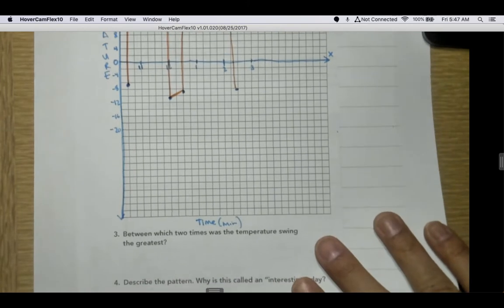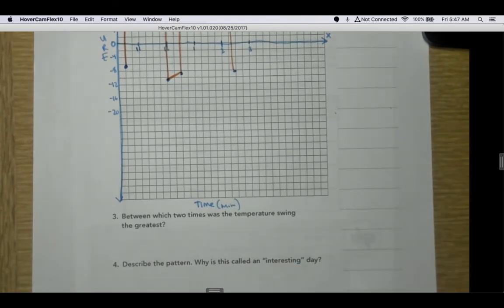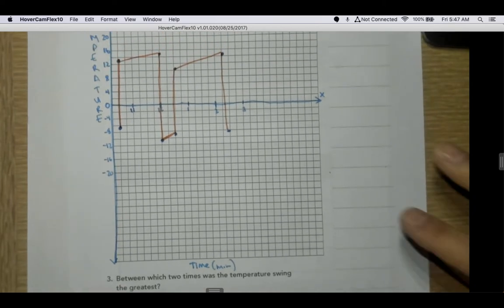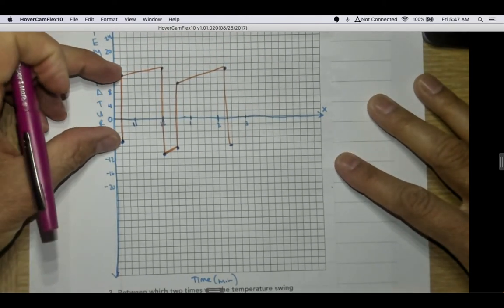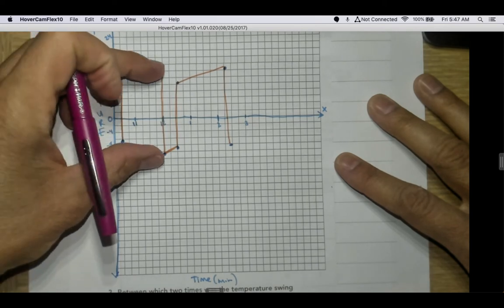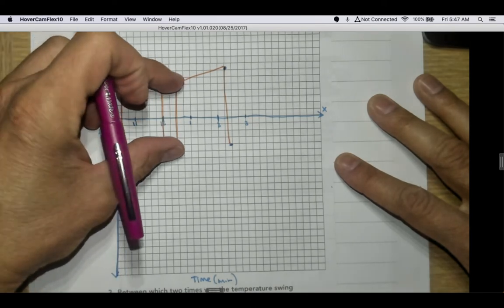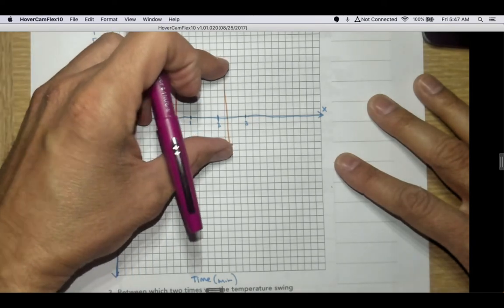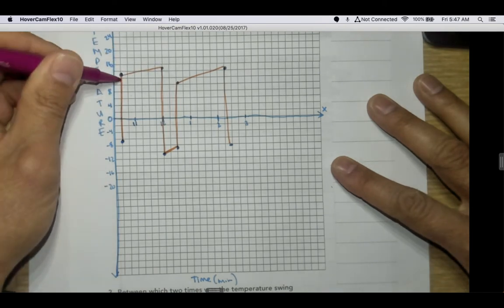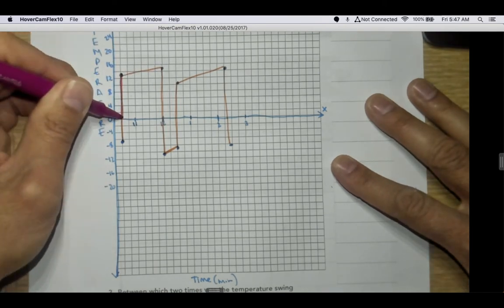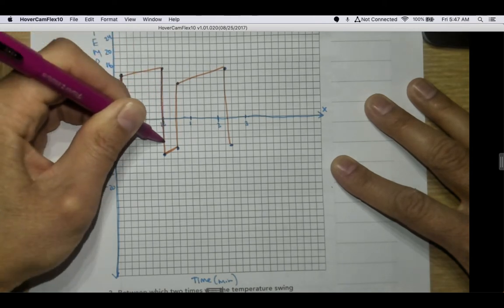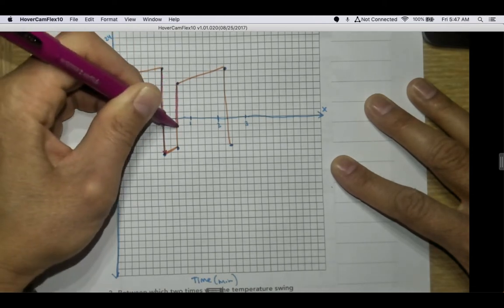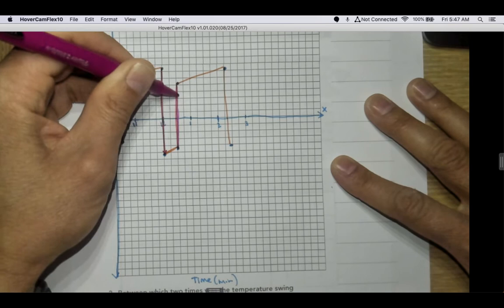Okay. Between which two times was the temperature swing the greatest? Well, if I'm taking a look at this, this is when it swung from really cold to hot, from hot to cold, from cold to hot, from hot to cold. If I look at these 4 lines, cold to hot, but here it dropped, here it dropped, here it got warmer, here it dropped.